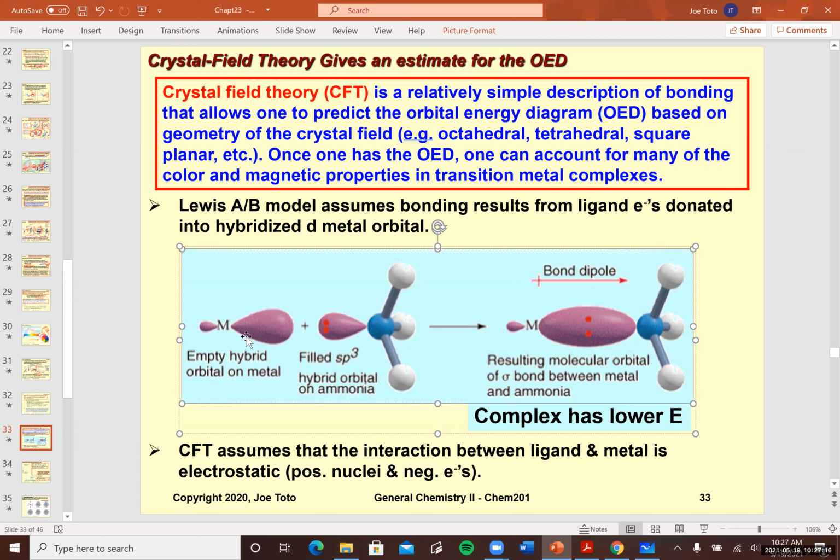This empty d orbital is like the 4d. It has 4d orbitals, they're empty. So the way we envision this coordinate covalent compound happening is that, say, the ammonia molecule, say this is nitrogen here, and I got my hydrogens in all these other spots.